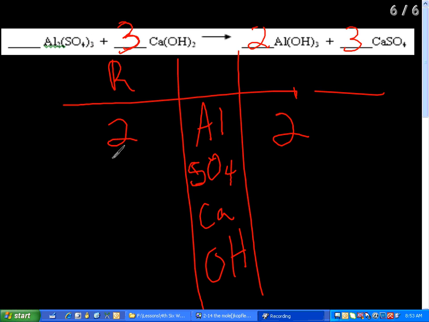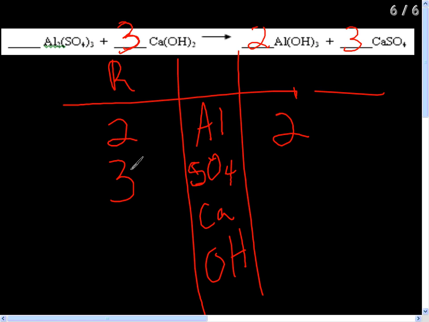Sulfates. I have 3 in my reactants, and I have 3 in my products. Calcium. I have 3 in my reactants, and I have 3 in my products. Hydroxides. I have 6 in my reactants, and I have 6 in my products.